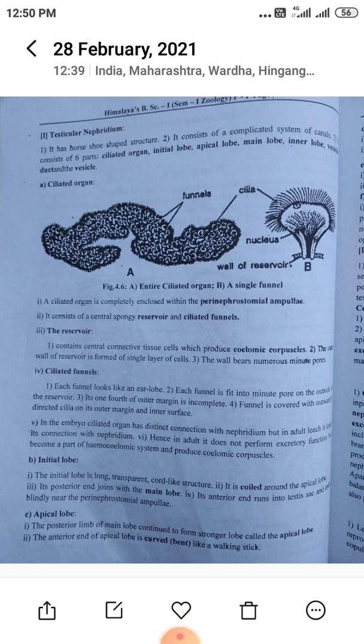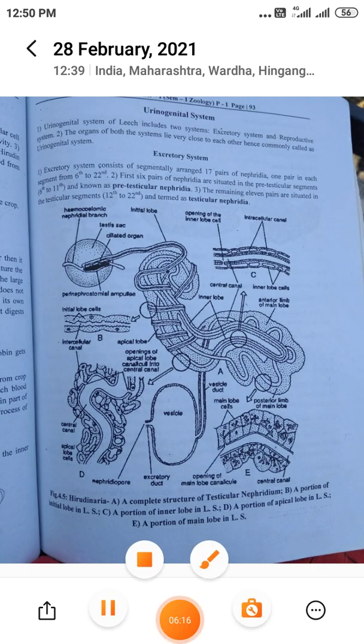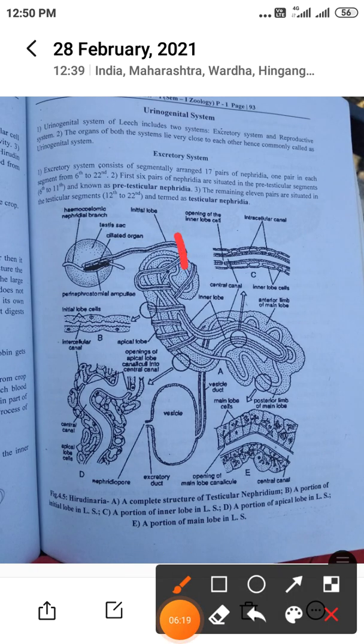It is coiled around the apical lobe. Its posterior end is joined with the main lobe. Its anterior end runs into the testis sac and ends blindly near the perinephrostomial ampullae. This is the initial lobe joined with the inner lobe and looks cylindrical, a tube-like arrangement.